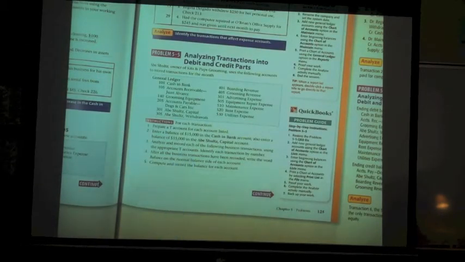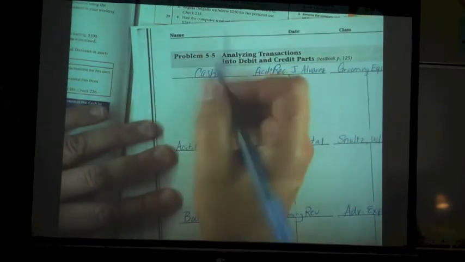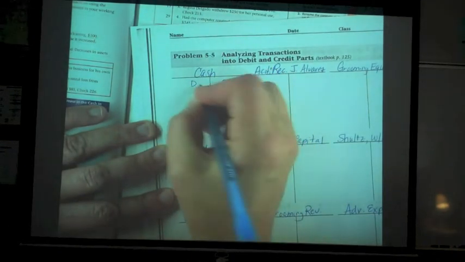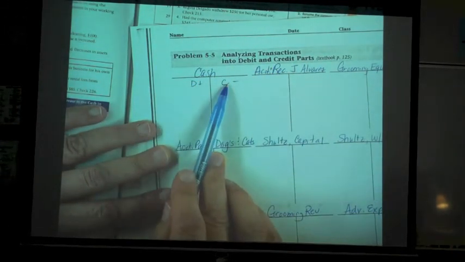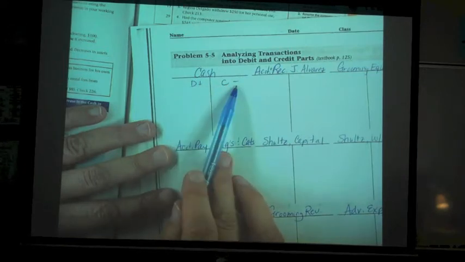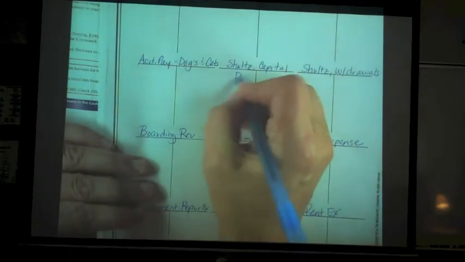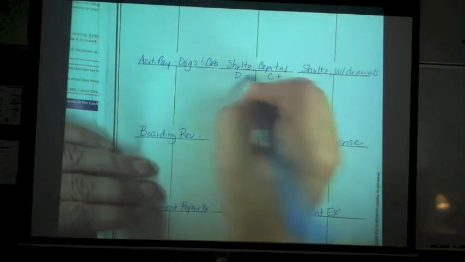Number 2 is the tricky part. It says enter a balance of $15,000 in cash and bank and $15,000 in Abe Schultz. So what you'll want to do is first identify all of them, with debits and credits and their pluses and their minuses. I'm not going to do that right now, but I'll just do it for these two right here. Debit, credit. We increase on the credit.